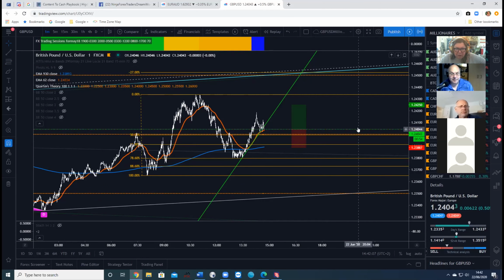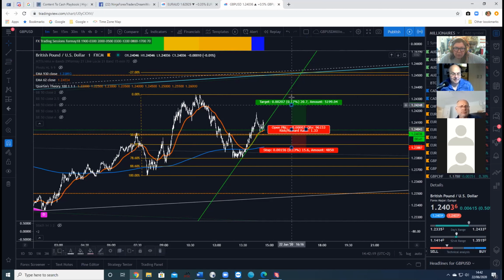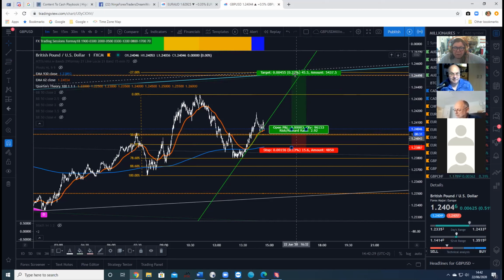Yeah, so you've got an entry here at 1.24041, and then that should be going up to that level at 45 pips, at 1.24500, which is the next quarter theory.